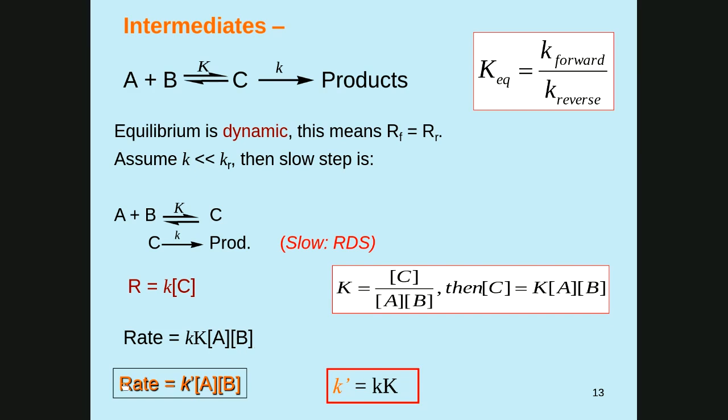So we now have for the rate of the reaction that it is equal to a constant, which is a product of an actual rate constant times an equilibrium constant, which we lump together and call K primed, which is like a pseudo rate constant, times the product of concentrations of A and B. And that rate we can then write as minus the rate of change of A or of B. So that expresses the rate law in an acceptable format. And we can then proceed to try to solve mathematically.